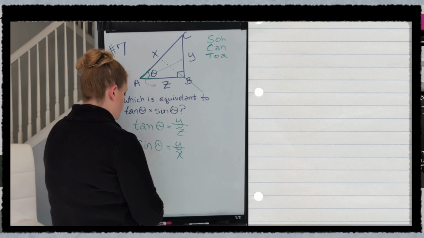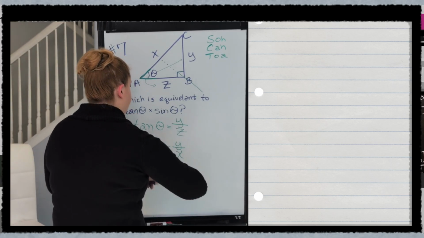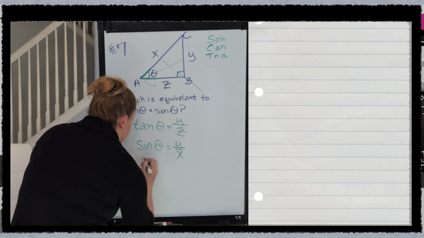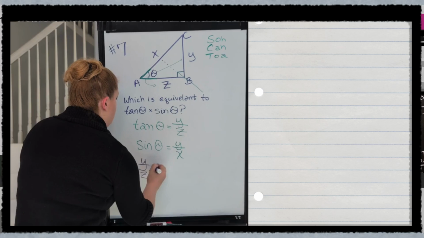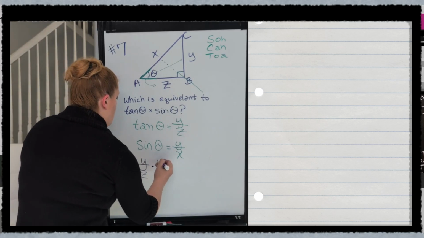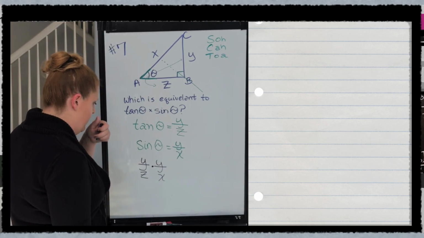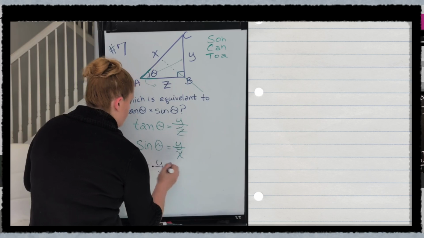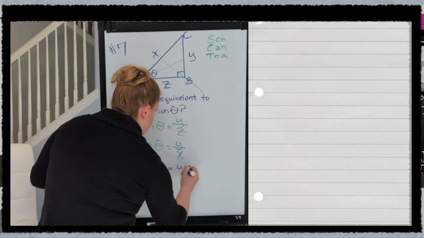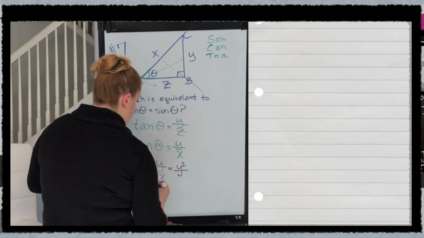I'm going to change colors for fun just because I have extra markers. Okay, so tan theta is Y over Z times Y over X, which is sine theta. Y times Y is Y squared.